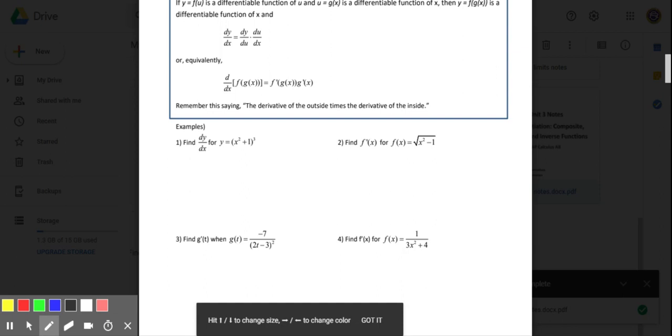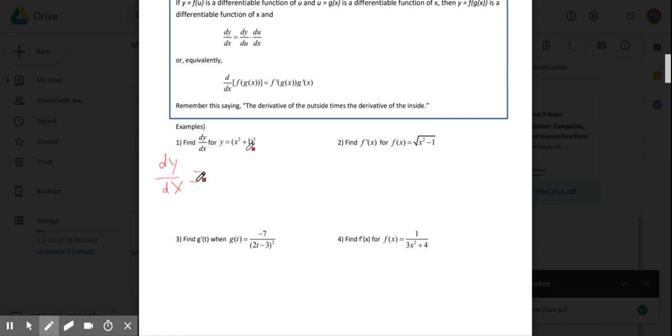So to take the derivative of that, dy/dx equals the derivative of the outside function. Using the power rule, that is the derivative of the outside function, and when we do that, we keep the inside the same.